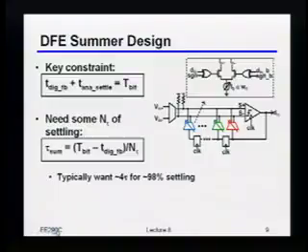I have to make sure that this whole feedback loop, whether it's from the comparator back through the first tap, or even from one of the flip-flops through here into the comparator, basically any one of those paths always has just one clock cycle to settle, right? So the key constraint is that however much digital delay I have, for example the clock to Q of the comparator, plus the analog settling time of this node here, has to be equal to 1 t-bit. Okay? Does this make sense to everybody?